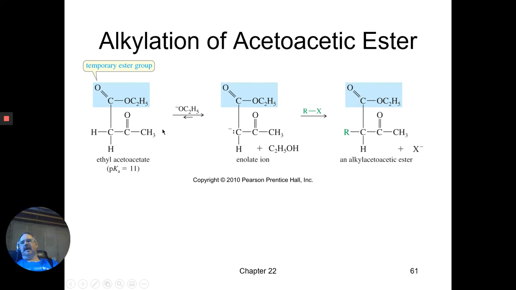Okay, so here's an example. We remove this hydrogen using ethoxide. That produces ethanol. Okay, this undergoes an SN2 substitution with our alkyl halide. Okay, so we alkylate.